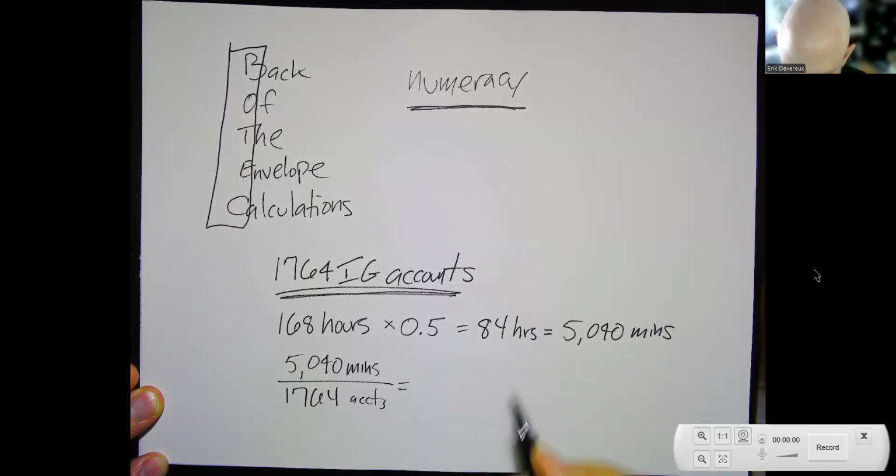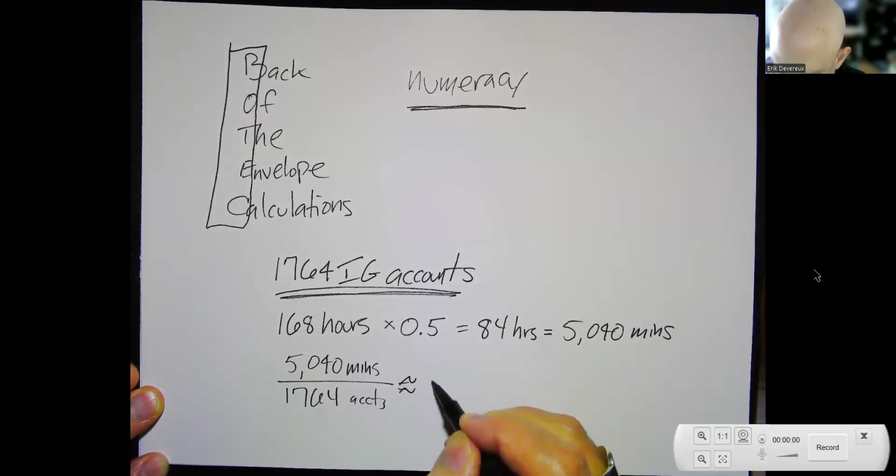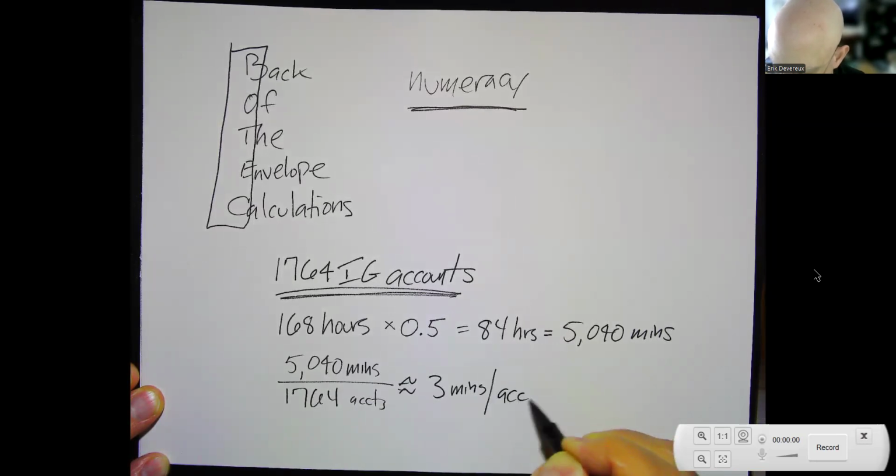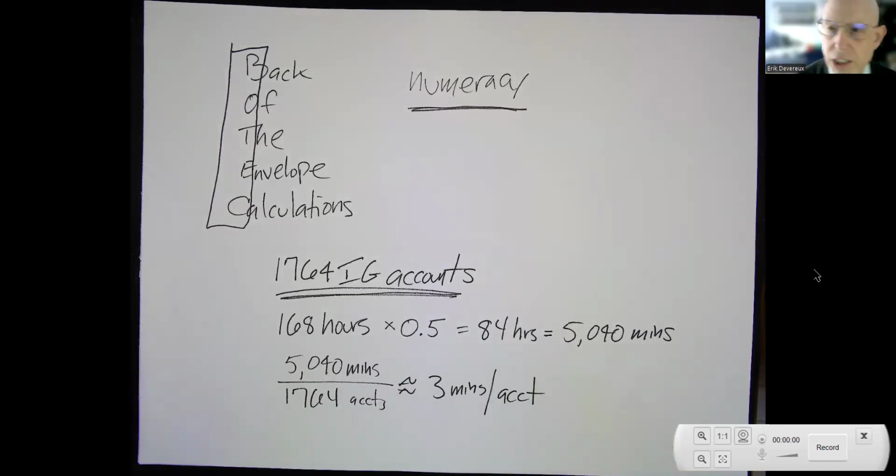And that gives us approximately 3 minutes per account. In other words, if all you did during your waking hours where you were not eating or otherwise engaged, when you basically should be working in some format, you could spend up to 3 minutes on each one of these accounts during your week.